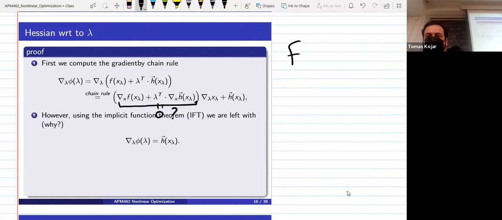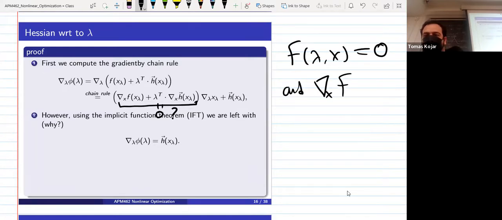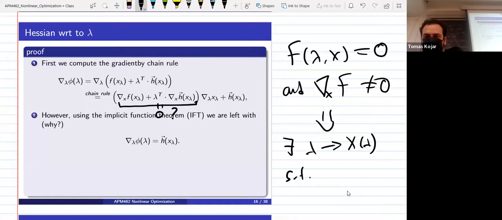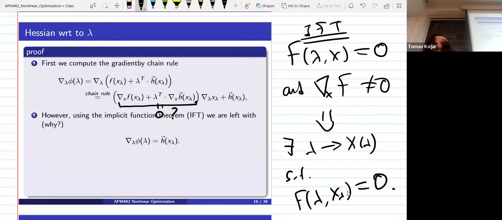It says that if you have a function f of lambda and x equaling 0, and you know that the gradient in x is not 0, then there exists a function x of lambda such that f of lambda, x of lambda is 0. This is the implicit function theorem.